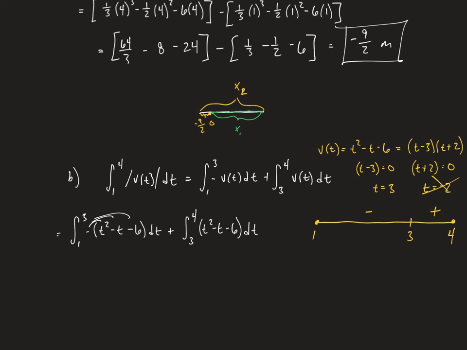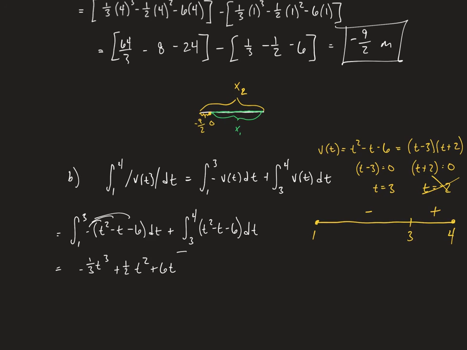All right, so then I'm going to integrate these, or take the antiderivative of each of these functions. So I will have a negative 1/3 t to the third, plus a 1/2 t squared, plus a 6t.